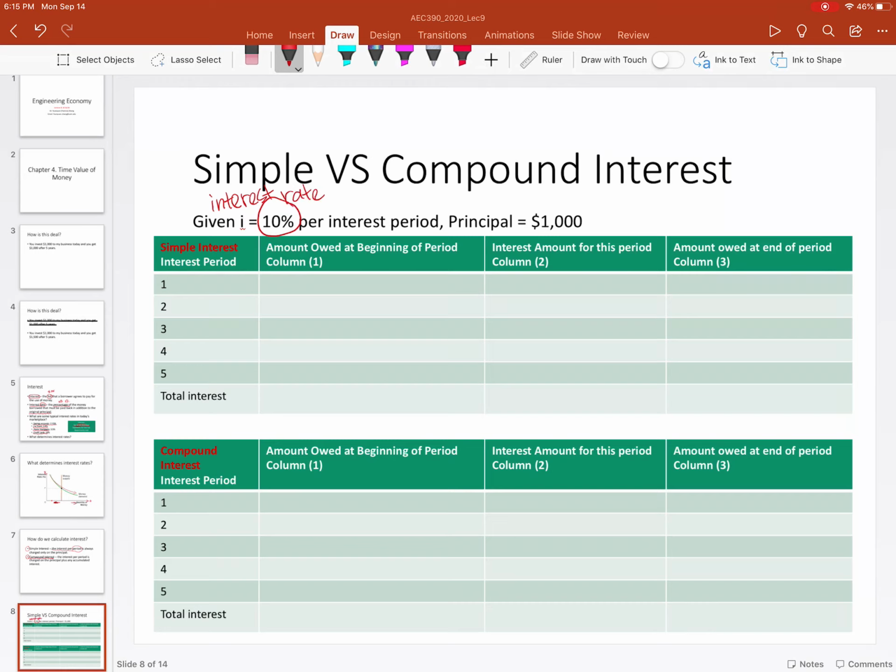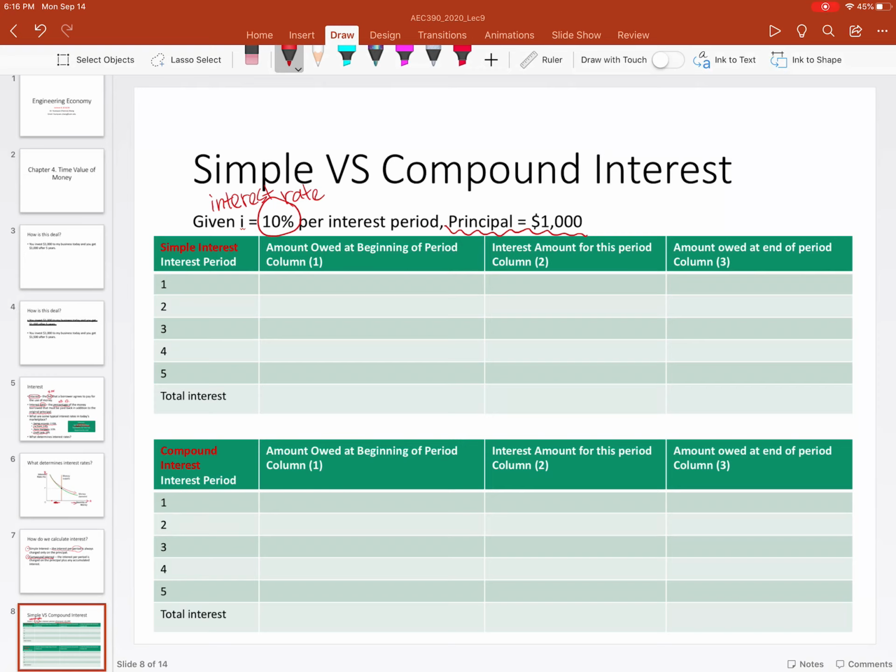So an interest rate of 10% means after every month or every year, depending on how frequently it's calculated, 10% of the initial amount, or the base amount, needs to be paid as interest. And the initial principal, the initial amount of money you borrowed from the bank, is 1,000. Okay? So this is the given condition.